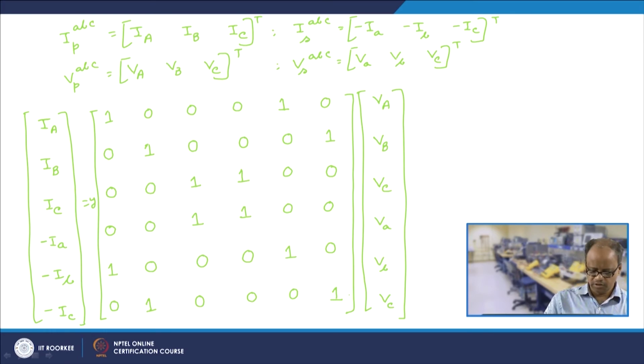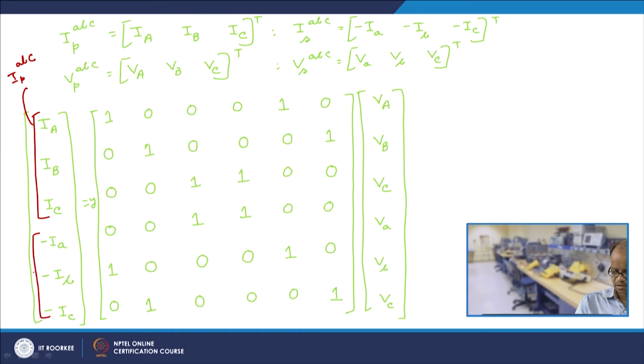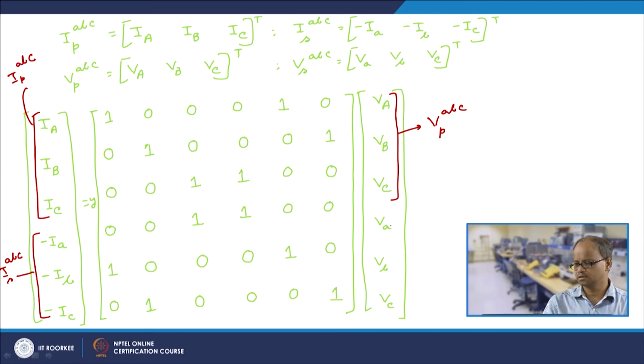So, again here we denote that this is IPABC, this is ISABC, this is VPABC, and this is VSABC.